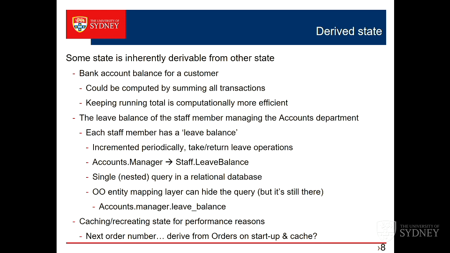What happens if the system goes down and I start again? I say, okay, I look at the orders, find the most recent order allocated, add one to it, and that's it.